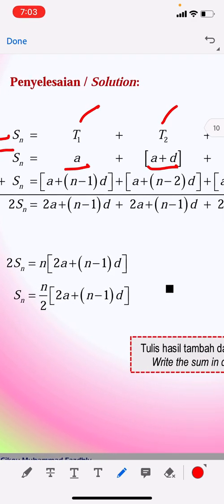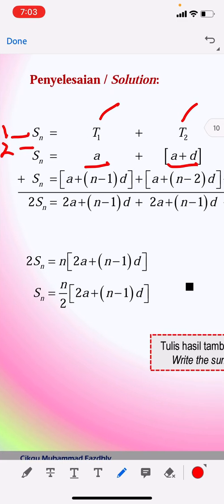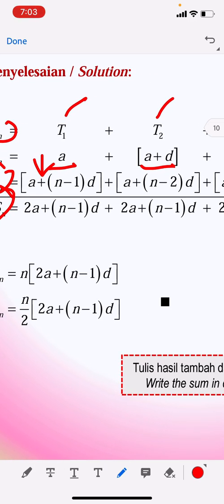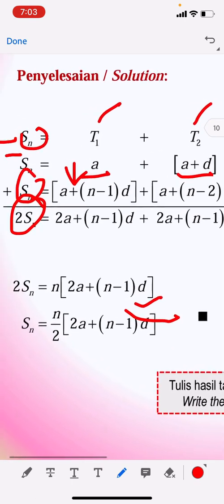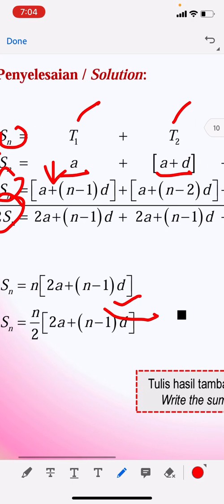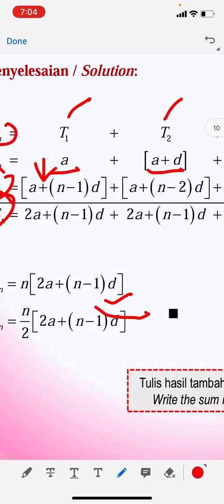Actually, we need to write the formula first for that. Then when you plus the Sn and Sn, you got 2Sn.